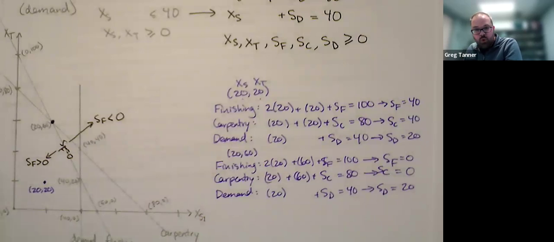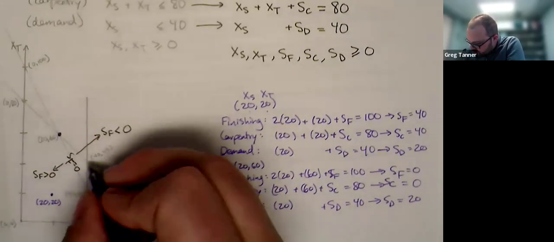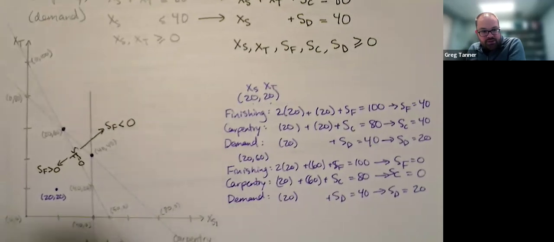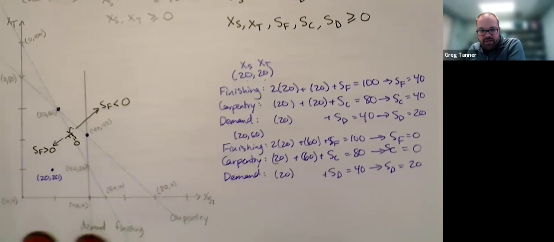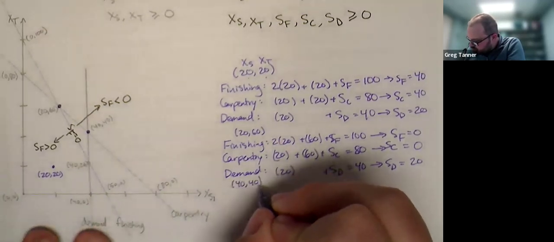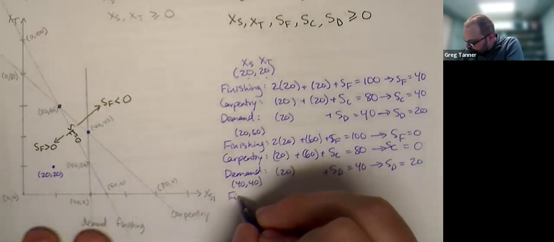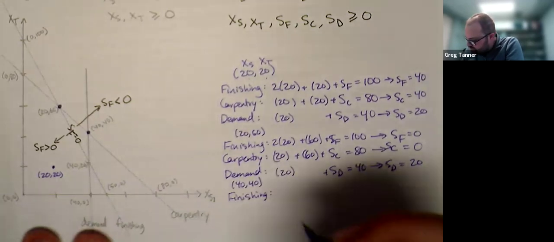Okay, let's do one last example. Let's choose this point over here, 40, 40. Now you'll notice 40, 40 is actually outside of our feasible region now. And so if we look at finishing, again, I encourage you to pause and try it yourself.